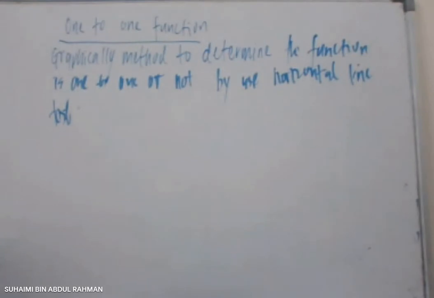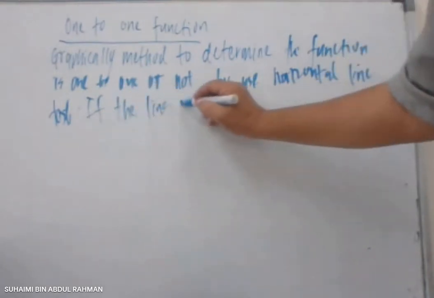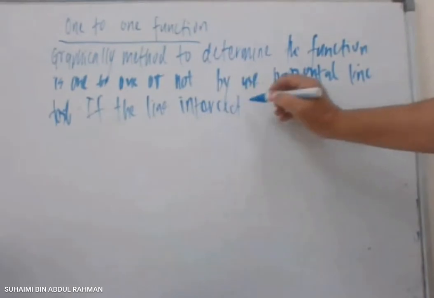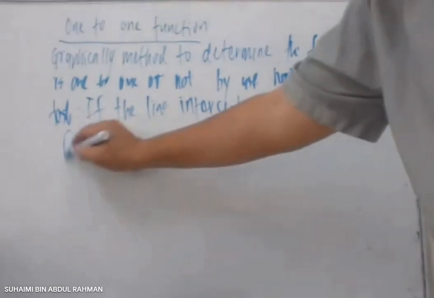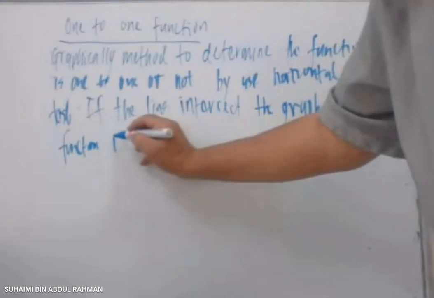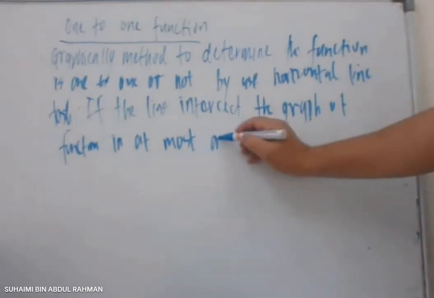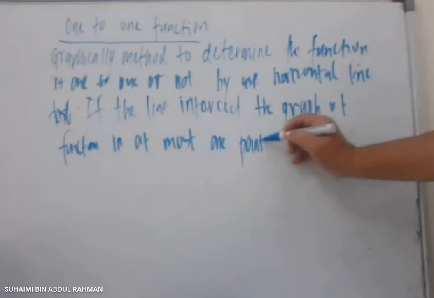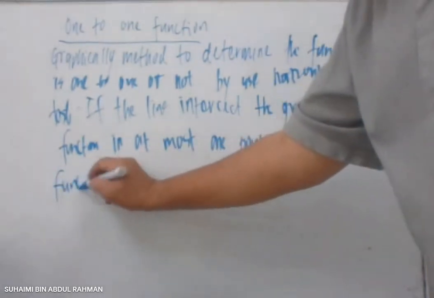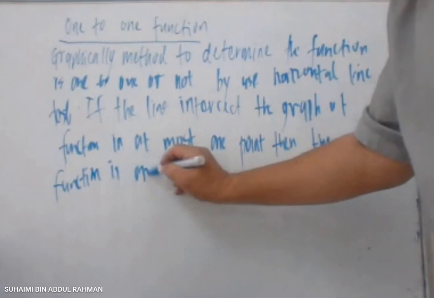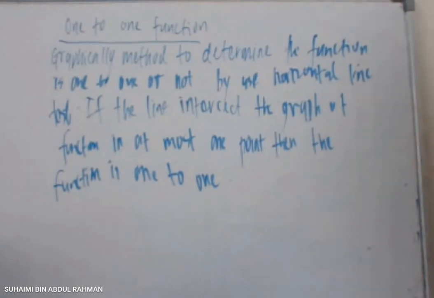We use the horizontal line test: if the line intersects the graph of the function in at most one point, then we can say that the function is one-to-one.